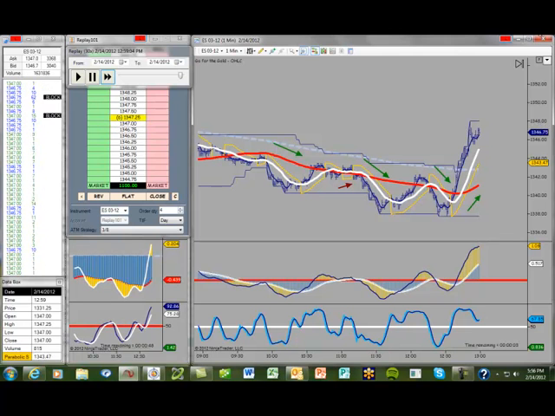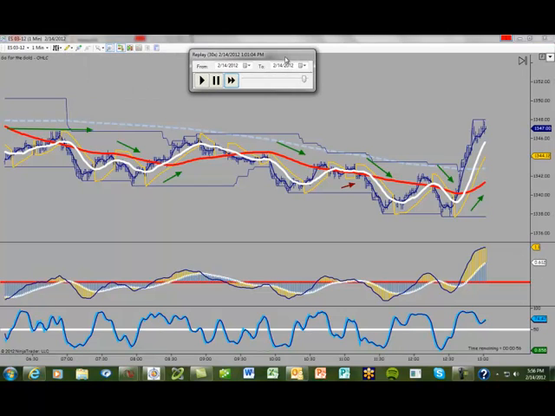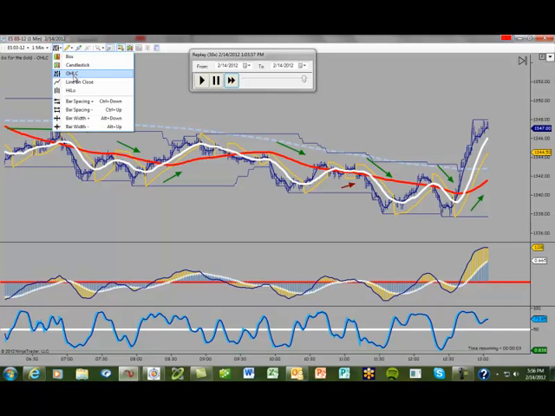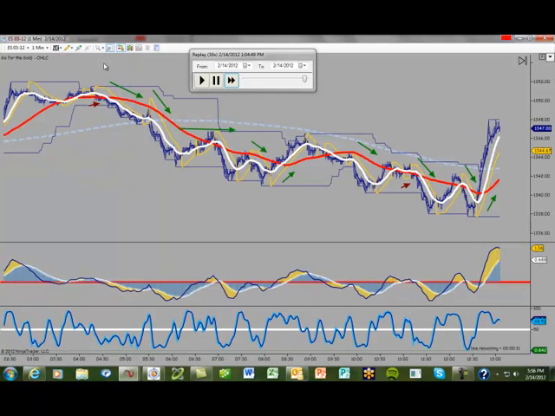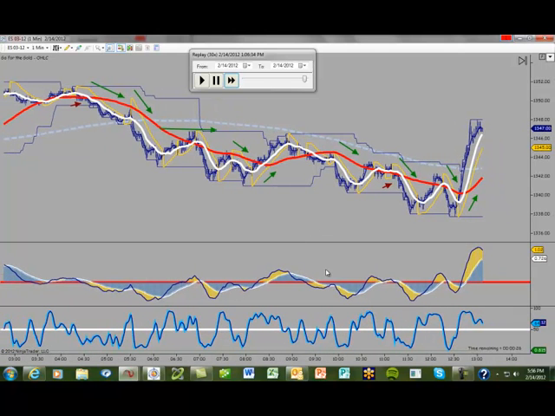And we can go ahead and open this up, and let's compress this so that we can see all the trades that we took today. Are we still moving? Yeah, we still haven't quite ended the day.